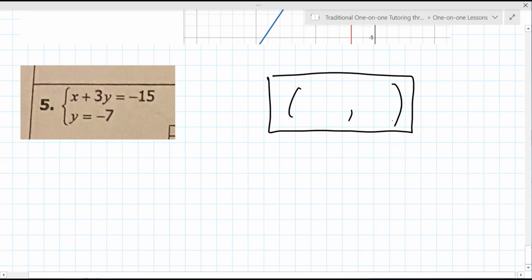All right. Desmos. Delete. x plus 3y, 15.